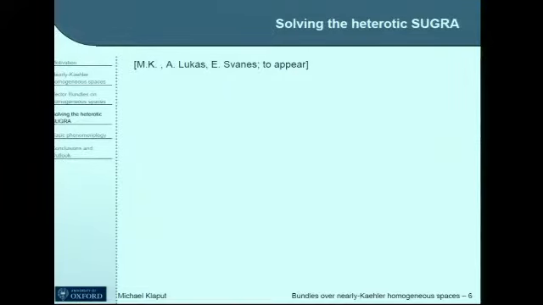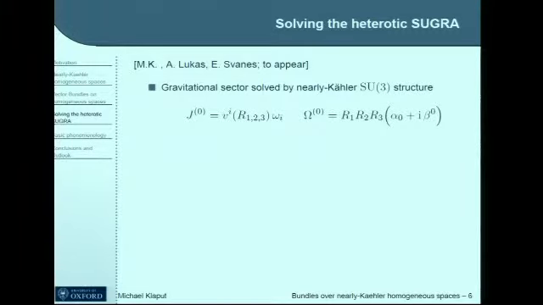All right, so now let's turn to actually solving the heterotic string. This is work which is about to appear. It was already known for some time that the nearly Kahler structure on these cosets can be written down like this, where I've written it out for the case of SU(3) mod U(1)^2.